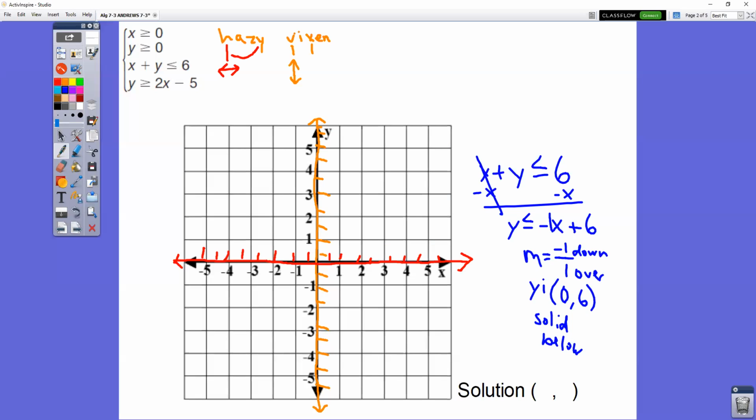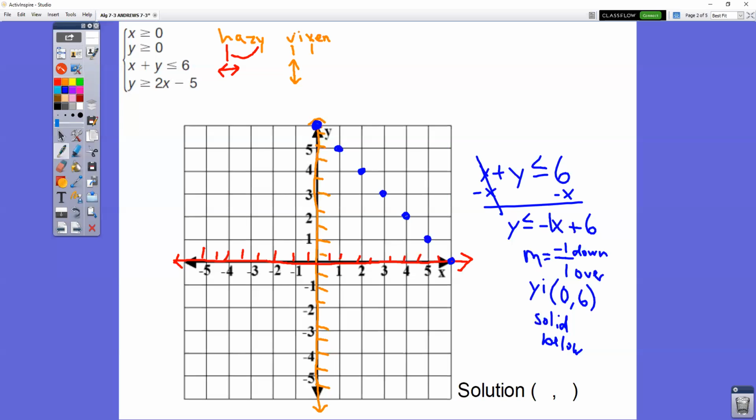So we're going to start at 0, 6, right here, and we're going to follow that slope. We're going to go down 1 over 1, down 1 over 1, down 1 over 1. Notice how we're narrowing down our search area, as if you were looking for buried treasure or a plane that crashed in the ocean.